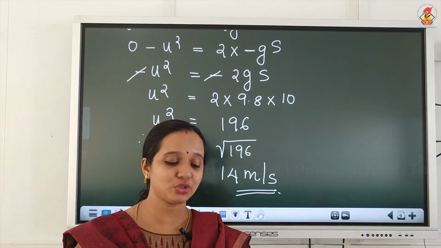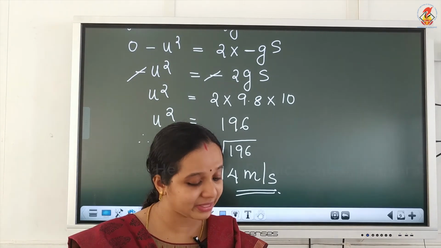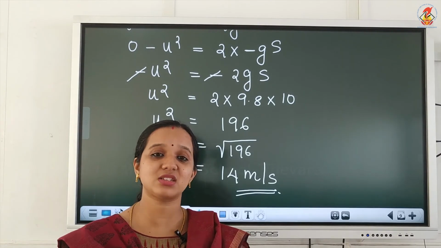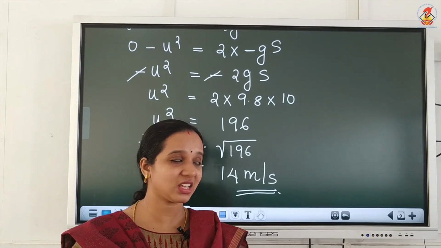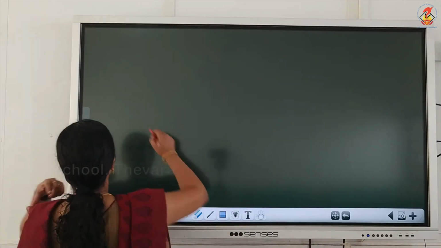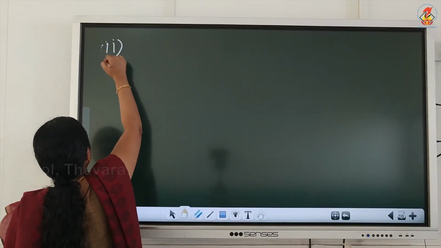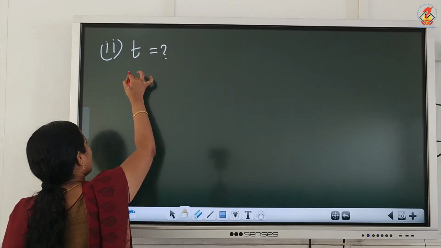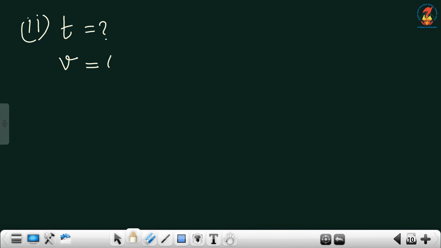And subdivision 2 is calculate the time taken by the object to reach the highest point. When it reaches the highest point, the final velocity will be 0.